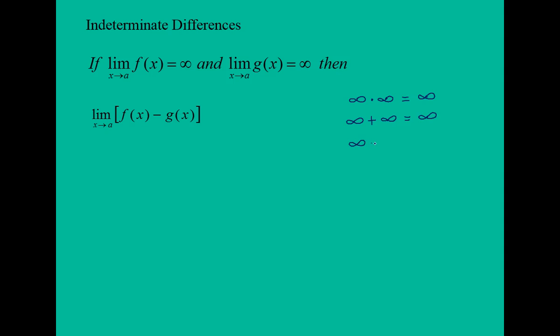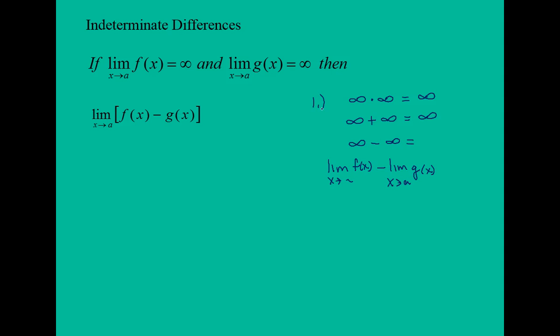However, with infinity minus infinity, we are looking at two different rates of change. This one may be going off to infinity at a different rate than that one. So we can't conclude that this is 0 or 1 or any other value. We don't know, because one of them may be going off to infinity faster than the other. So we could get anything as an answer for this form. This is called the indeterminate difference.